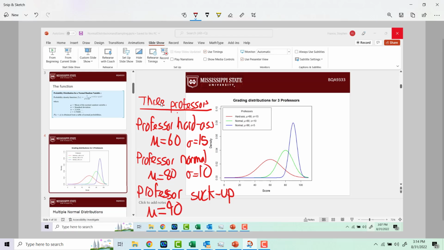So pretty much nearly everybody gets in the 90s. So these three teachers have very different distributions of grades. Now, given a cutoff at 100, it's unlikely you would have a completely normal distribution here. But I think this is a good example of three different normal distributions on the same scale.